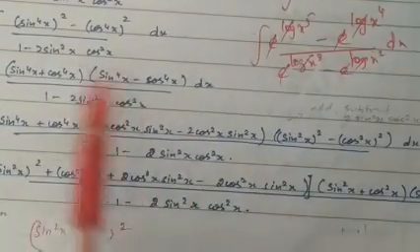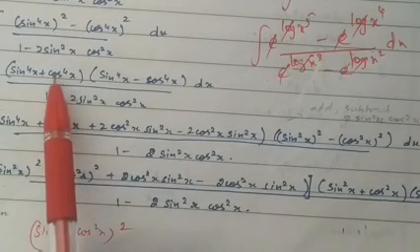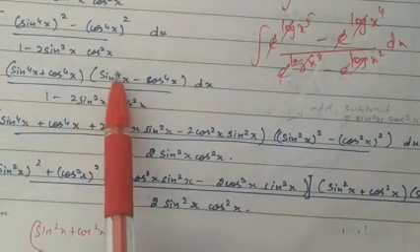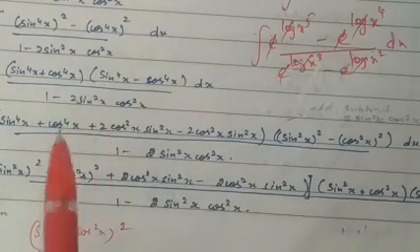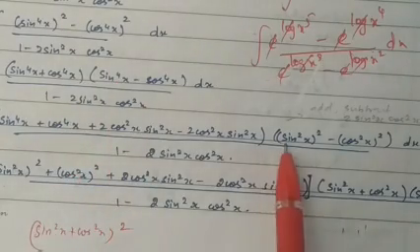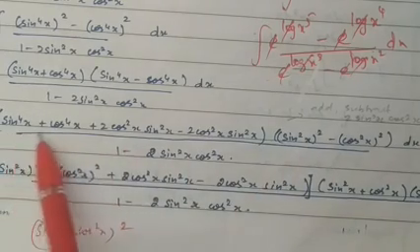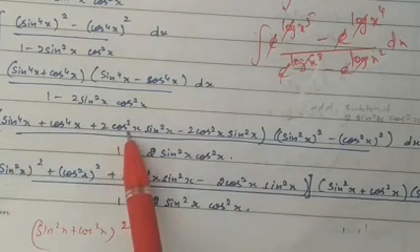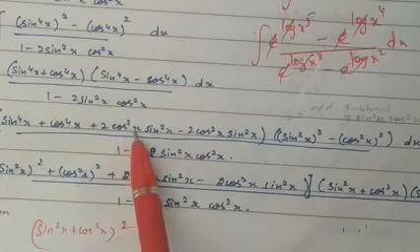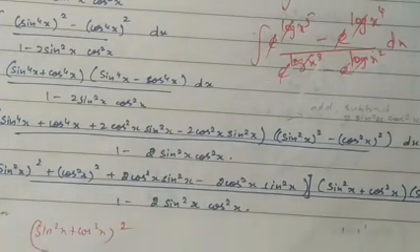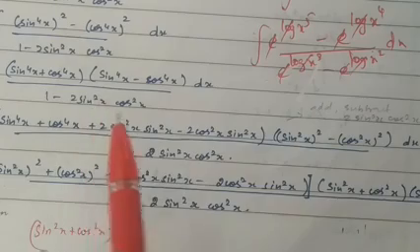So the next step here, from this you are going to add and subtract 2 cos^2 x sin^2 x. Here you are writing in the form of a squared minus b squared. Now this term sin^4 x plus cos^4 x plus 2 cos^2 x sin^2 x can be written as (a plus b) the whole square.